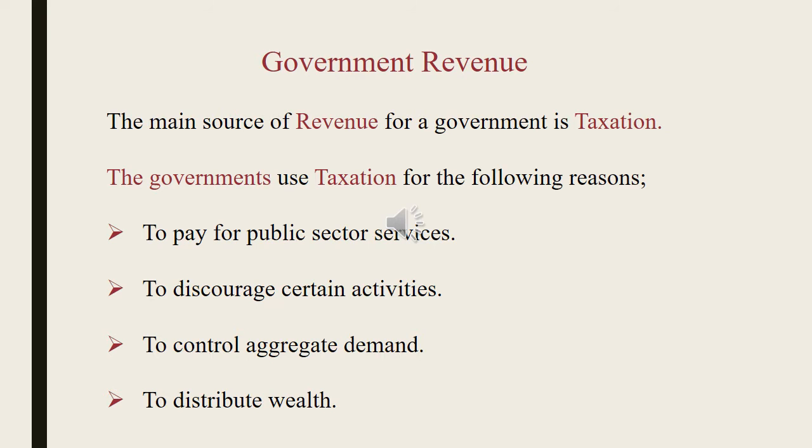And also taxes can be used to help to control aggregate demand in the economy. How can aggregate demand be controlled? Using taxation. That is, if the government increases taxes on goods and services, the price of the goods and services can be increased. It means the consumer demand also will fall for goods and services in the economy.